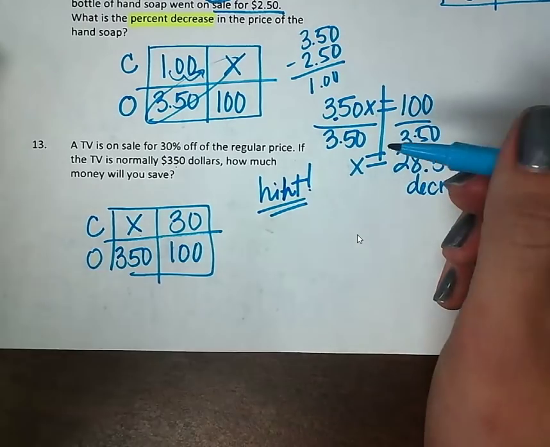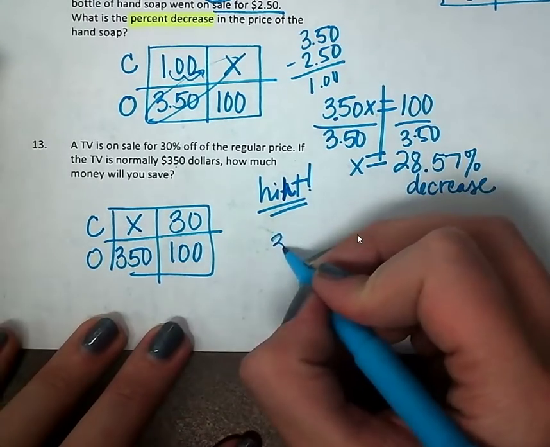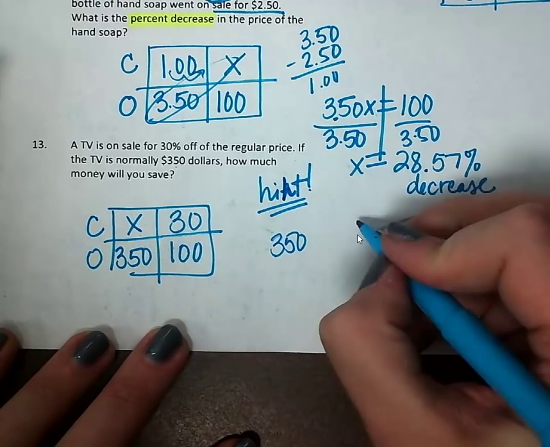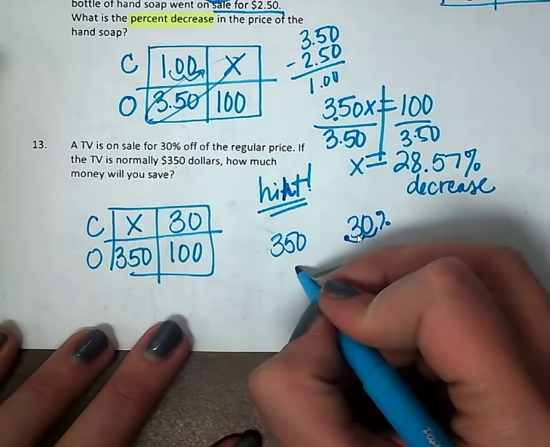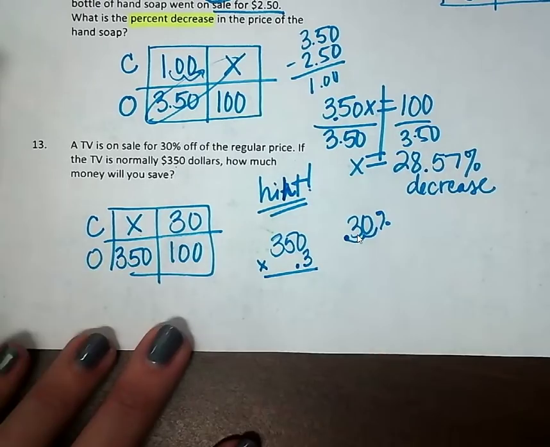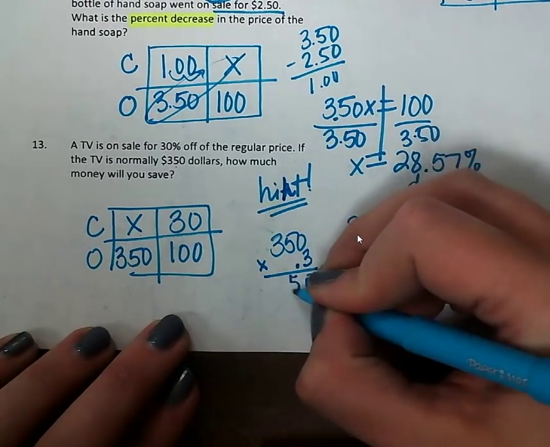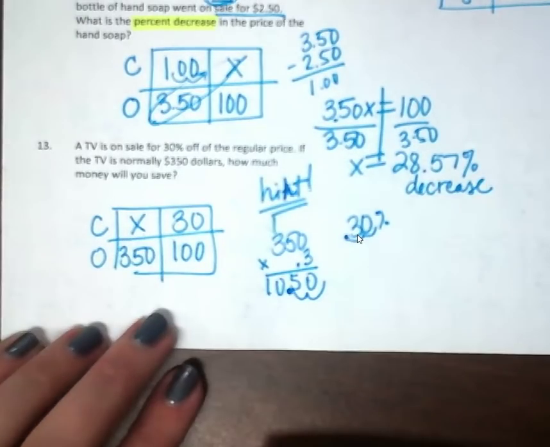Obviously, I can't spell very well, so just pretend that's an N. So we take 350, and if we're using the hint, we're going to take 30% and change it to a decimal. So really, if we just take 350 and multiply by 0.3, and 350 times 0.3, let's do that real quick. 0, 15, 9, 10. So $10.50.